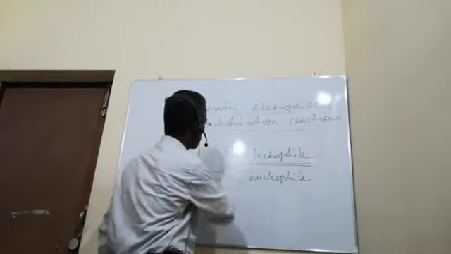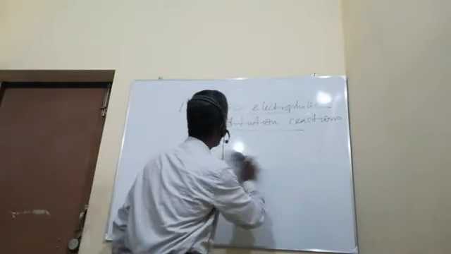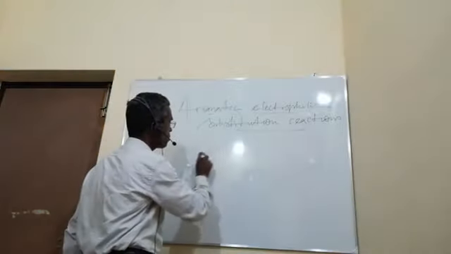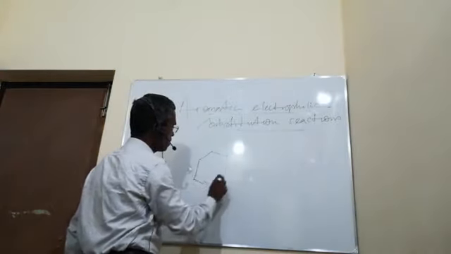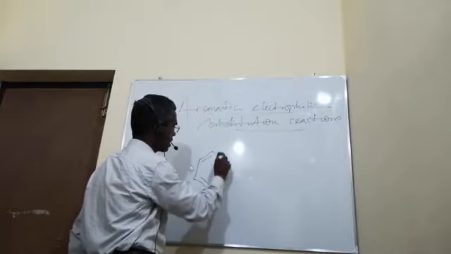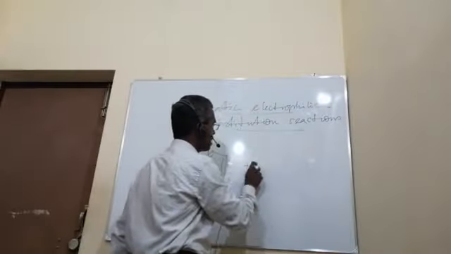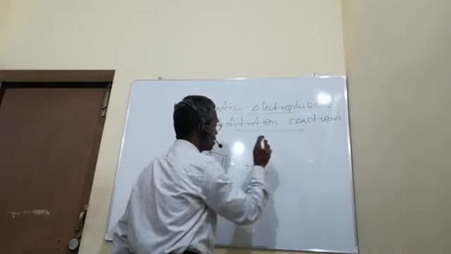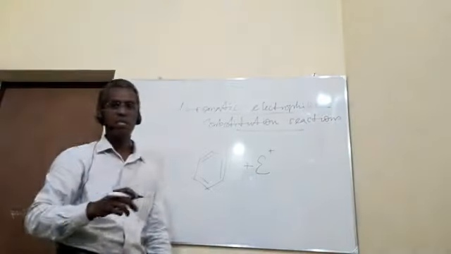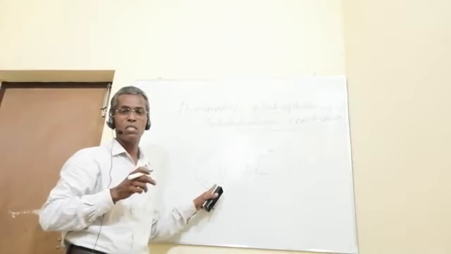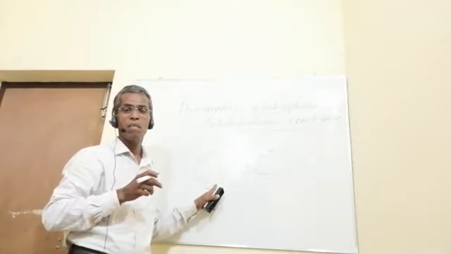As far as the aromatic system is concerned, as I told you, benzene is the simplest example. The electrophile usually attacks the aromatic system because of the electron rich system we have in benzene.